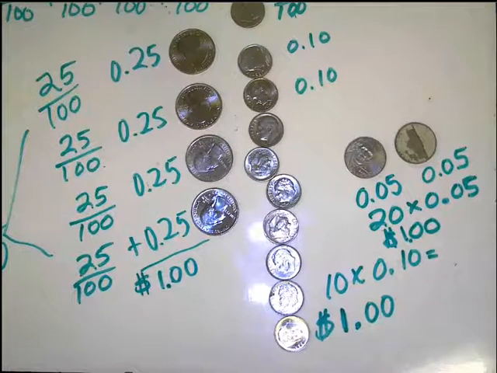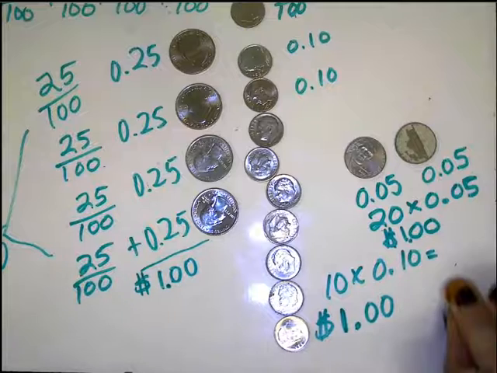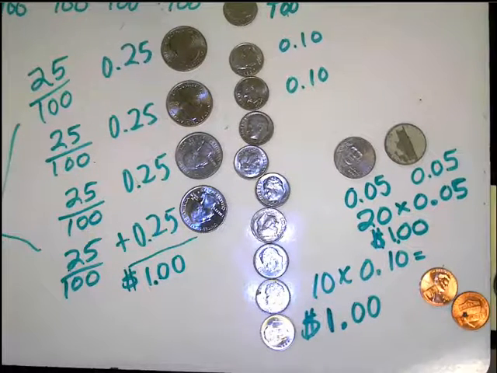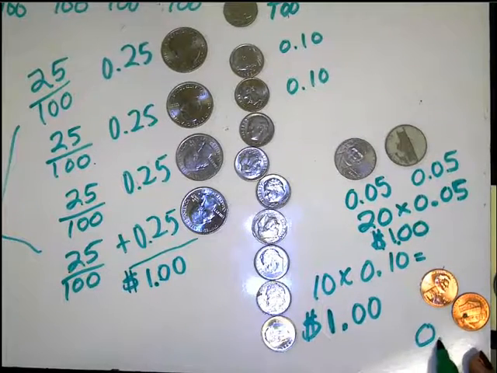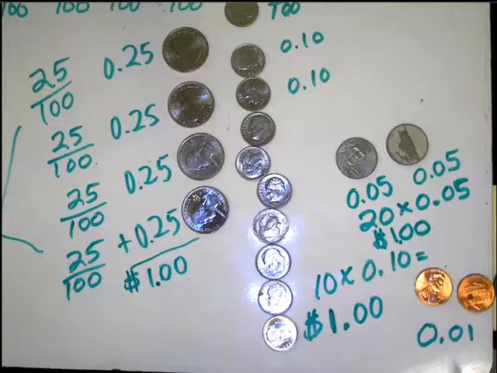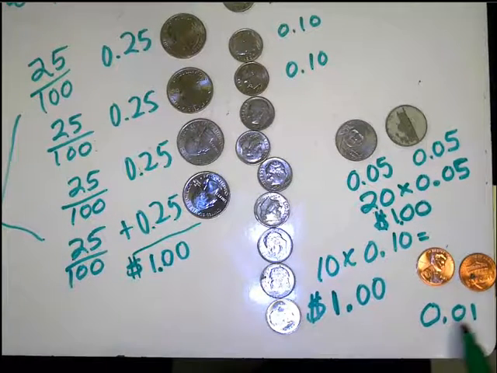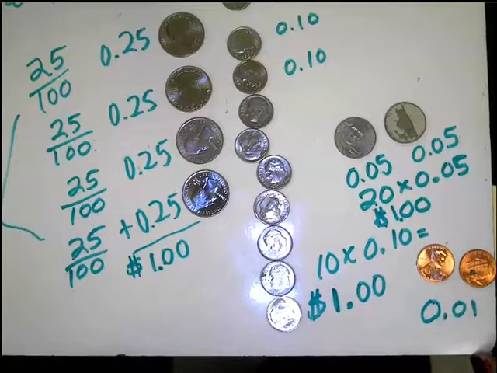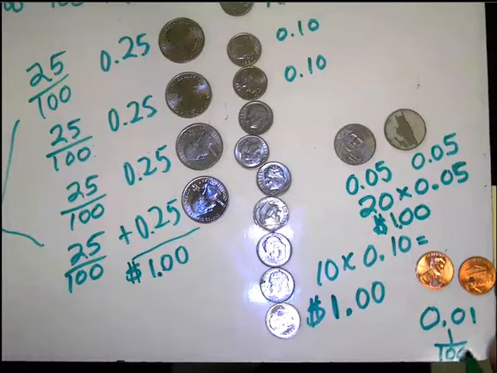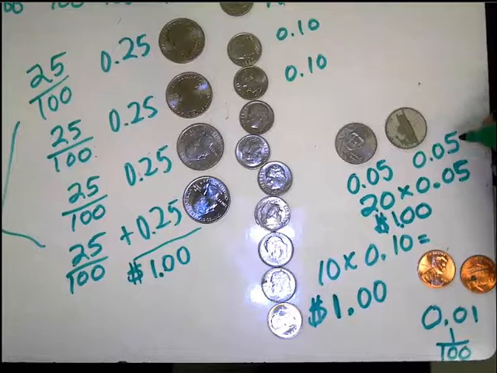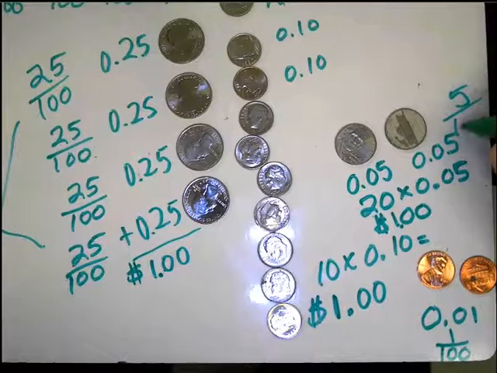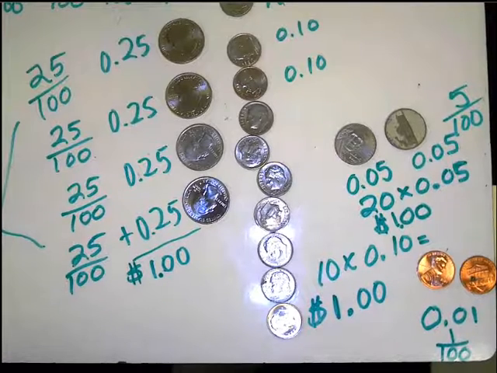How about pennies? That one's easy, guys. Pennies are worth, what are they worth? 1/100th. Pennies are worth 1/100th. So it takes 100 of these. 1/100th can also be written like this. 5 hundredths for the nickels looks like that.